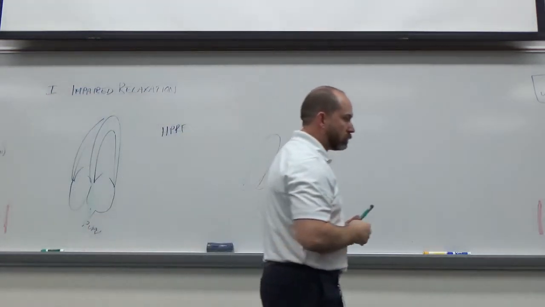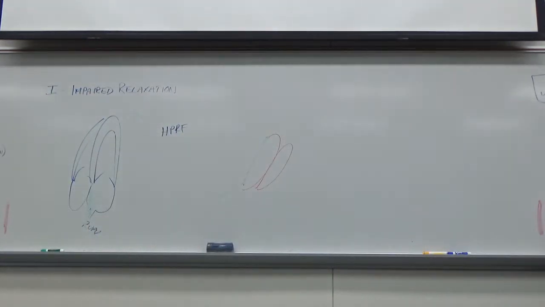Okay, in M mode. So propagation velocity for normal is above 55 centimeters per second. Can you repeat that, sorry? Yeah, the propagation velocity for normal is above 55, so greater than 55.